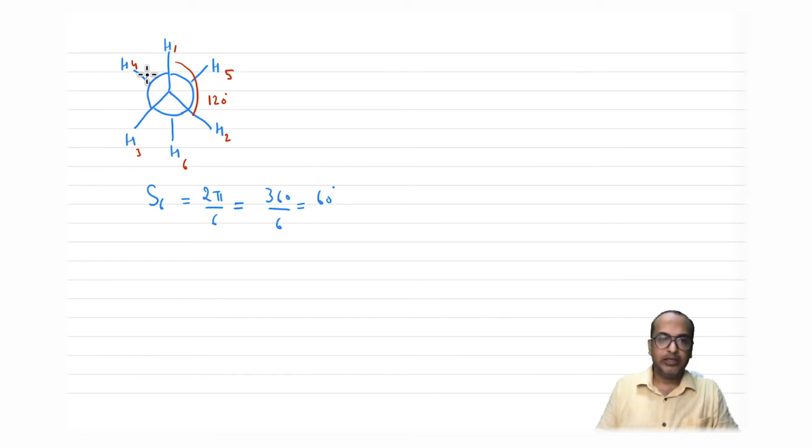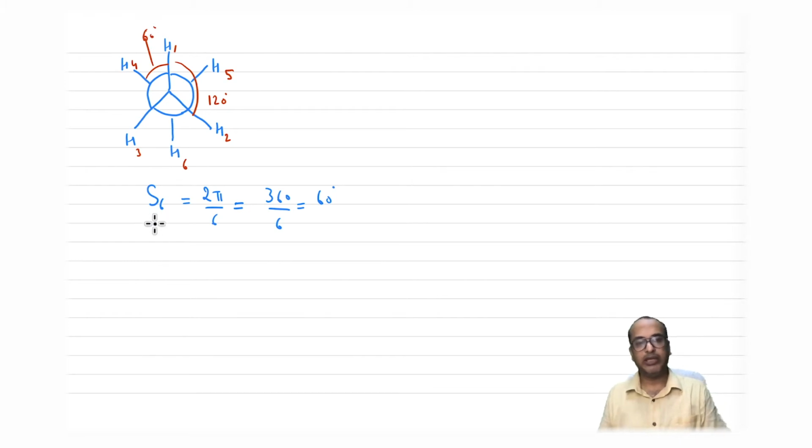But if you look at this dihedral angle, it is 60 degrees. So we will be doing this 60-degree rotation. We can also check whether an S3 axis is present, but let's go ahead with S6 and see this example.